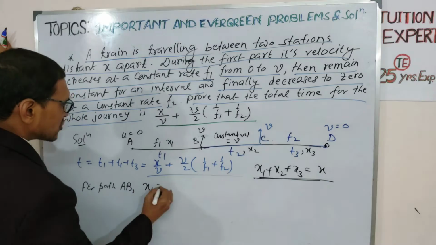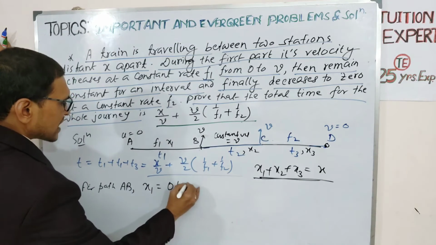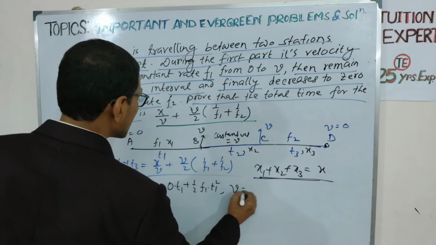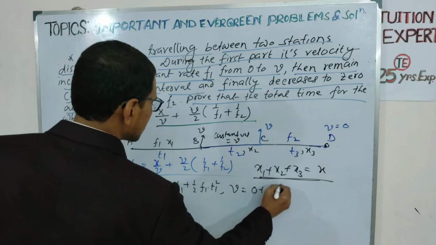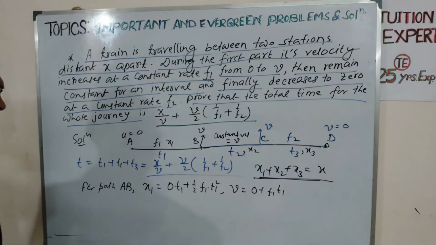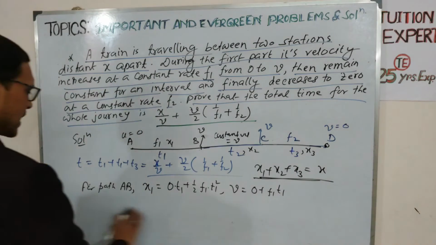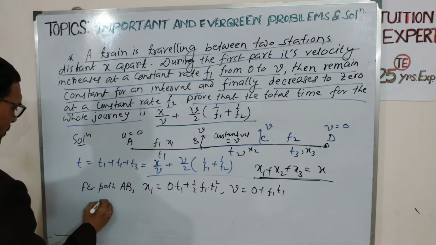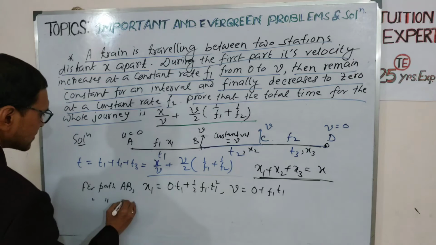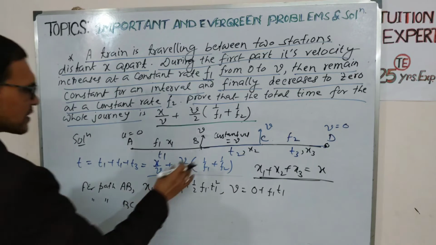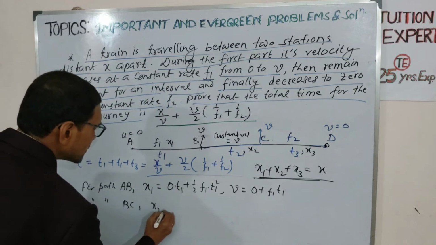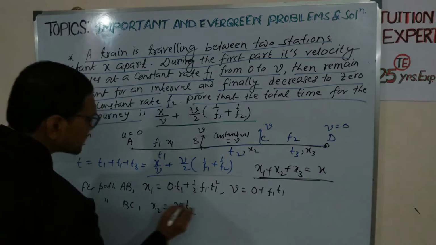For path AB, the equation is x1 equals 0 times t1 plus half f1 t1 square. And v equals 0 plus f1 t1. This is the other equation. So write two equations for each path. For path BC, the train moves with constant velocity, so x2 equals velocity times time taken.